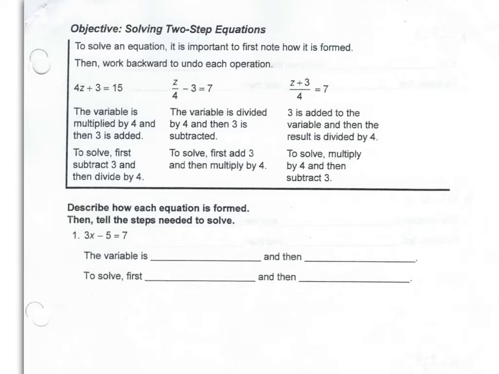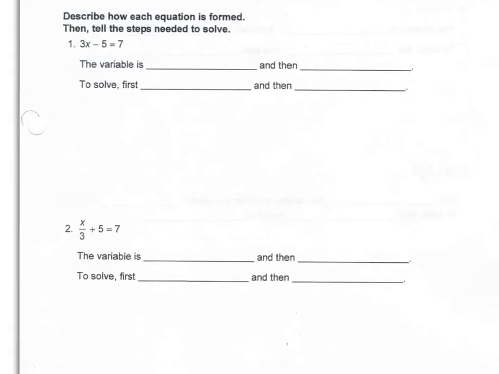That fraction bar is acting as a grouping symbol, parentheses, which means that we are actually adding 3 first, then dividing by 4. So to solve, we've got to multiply by 4 and then subtract 3. A little bit backwards.